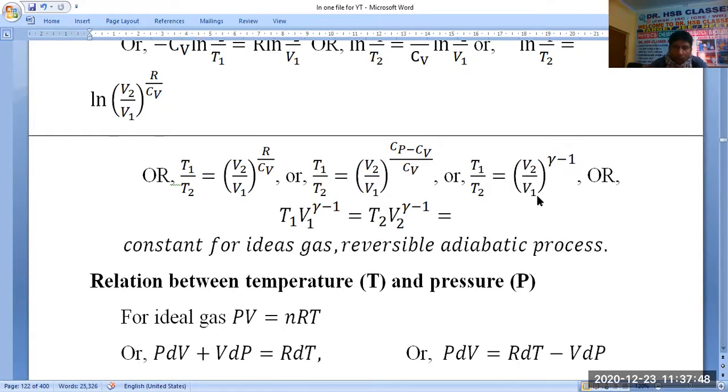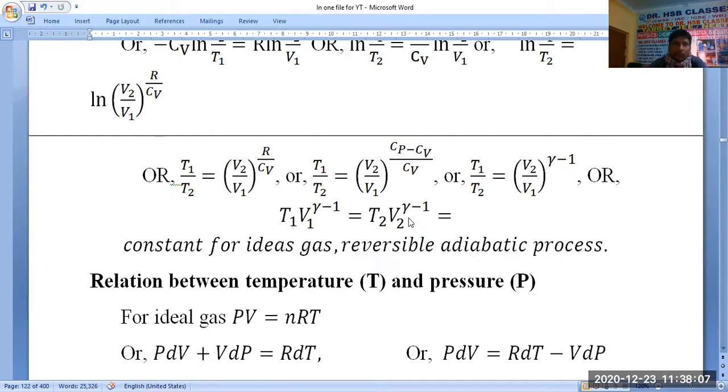Now if we cross multiply, then T1 V1 to the power gamma minus 1 equals T2 V2 to the power gamma minus 1, equal to constant for ideal gas and reversible adiabatic process.